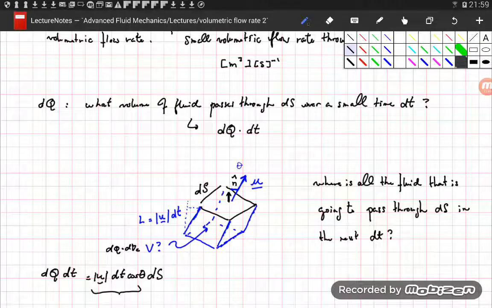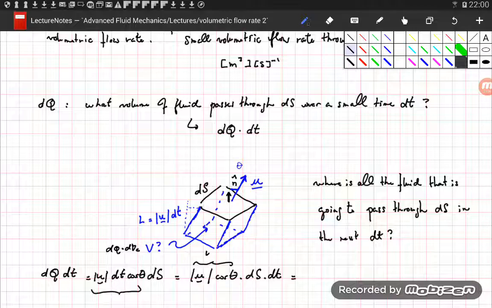So if we rewrite this as u cosine theta times ds times dt, we get to our answer. U times cosine theta is the same thing as the velocity vector u dotted with the normal vector n.